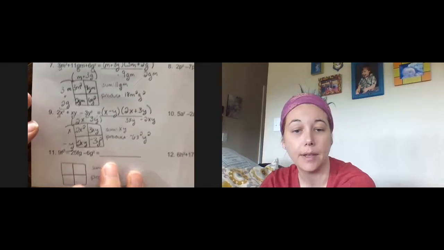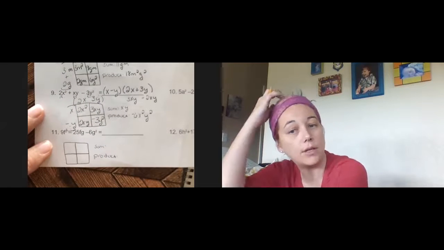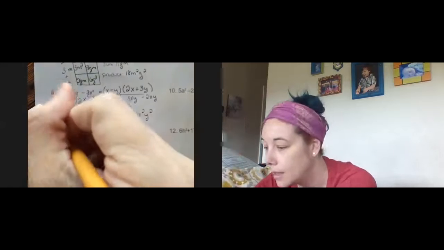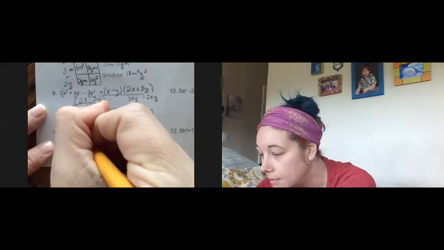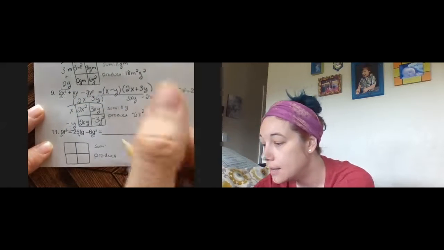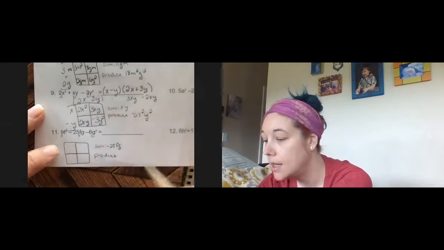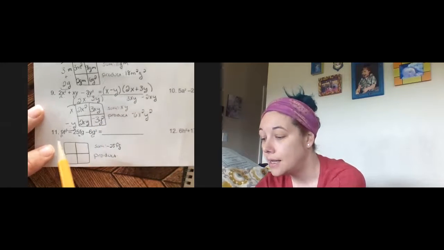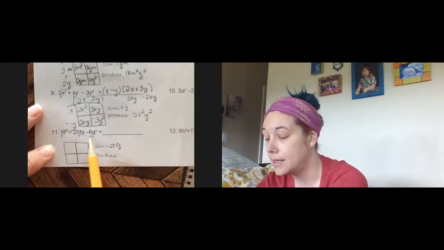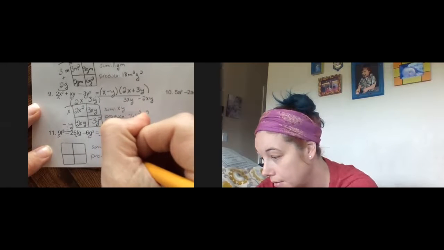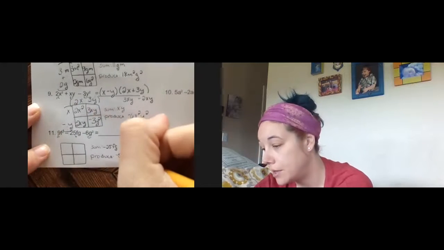All right, let's do this last one all squunched up at the bottom. Here's my A, here's my B, here's my C. Sum to my B, which is negative 25fg. Product A times C, 9 times negative 6 is negative 54, and f squared, g squared.